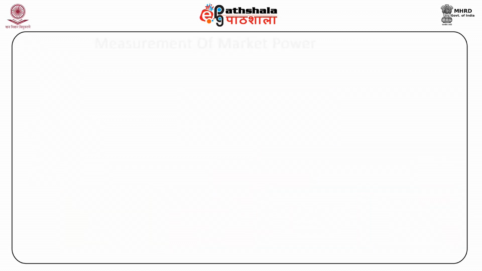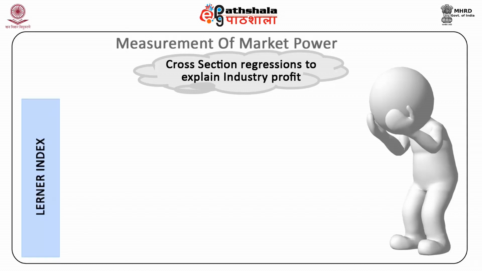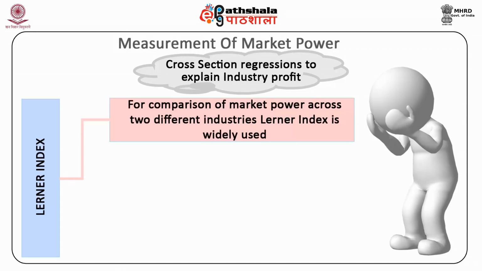Next, we will discuss measurement of market power. There are various methodologies that are used to measure market power. First is cross-section regressions to explain industry profit rates. Within this, various ratios and indexes are used. First is the Lerner index. For comparison of market power across two different industries, the Lerner index is widely used.